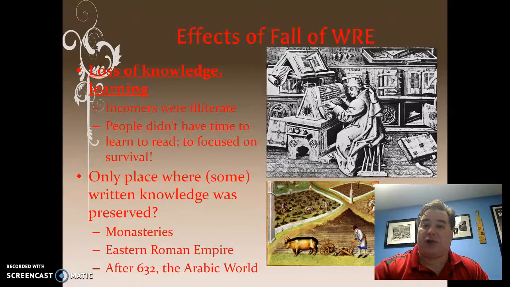And after 632, the Arabic world, the Caliphate that we've talked about, first the Umayyad, then the Abbasid, preserved and, in fact, celebrated knowledge in a way that helped Europe get back on its feet in about 800 years by way of the Renaissance and basically a reintroduction of all these ancient Greek and Roman texts and, frankly, Arabic knowledge, some Indian and Chinese translations. All of this becomes super important in the Renaissance, which we'll talk about second semester.